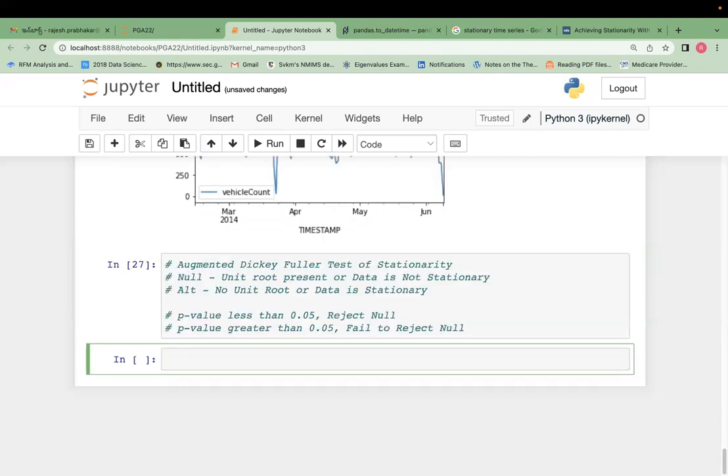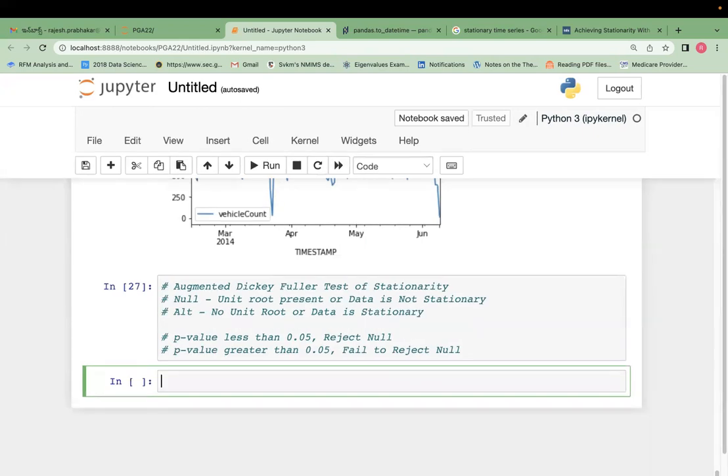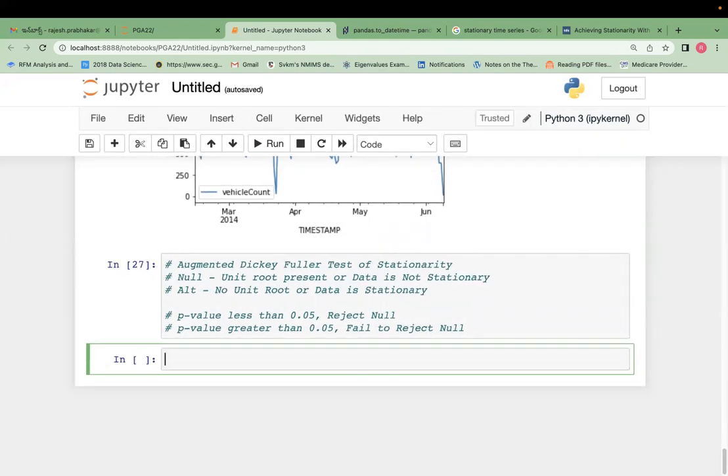So the augmented Dickey-Fuller test is a very popular test for deciding whether your data is stationary or not when you can't make up your mind through visualization. The null is unit root present or data is not stationary. Alternate is no unit root or data is stationary.